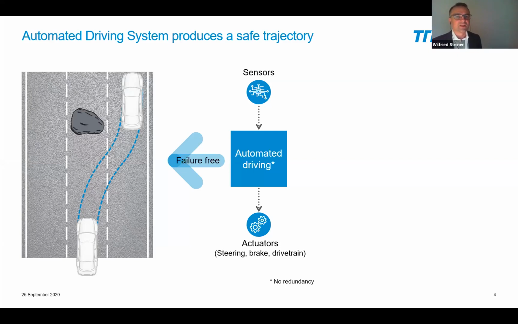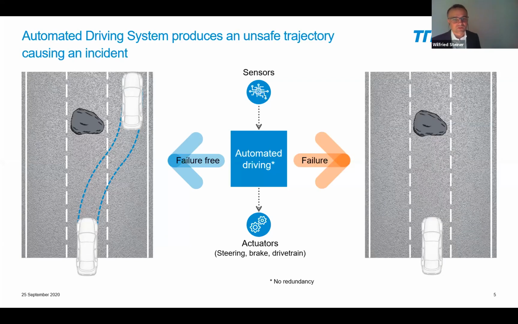But we are not living in a perfect world, and all of these little boxes and circles I've depicted here, the sensors, the actuators, and in particular the automated driving system by itself, they are prone to errors. And so what might happen, if you don't design the system carefully, is that a failure in such a system may result in the car not calculating a safe trajectory around the obstacle, but rather causing an incident, in this case a crash into the rock.